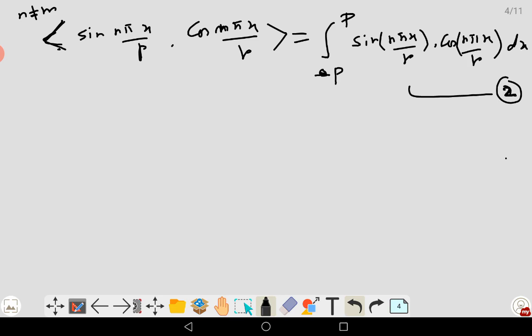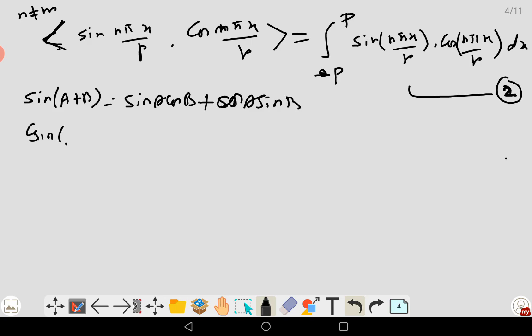So we have another set of formulas. sin A plus B is sin A cosine B plus cosine A sin B. Similarly, sin A minus B is sin A cosine B minus cosine A sin B.